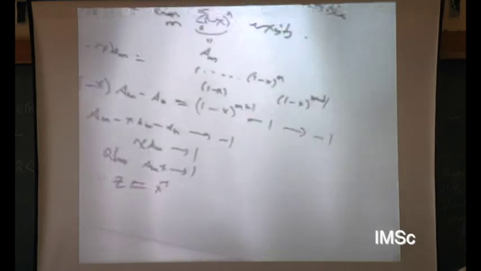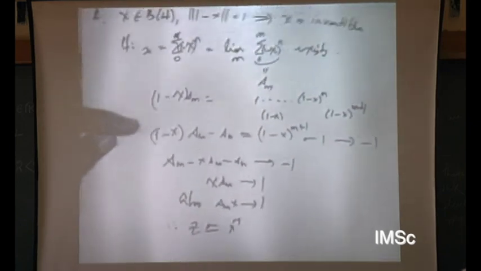So this is just straightforward computation. So this is the familiar Neumann series, which tells you that elements close to 1 must be invertible.